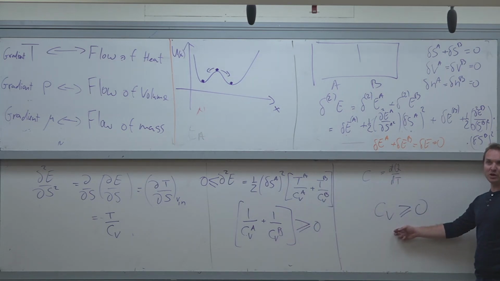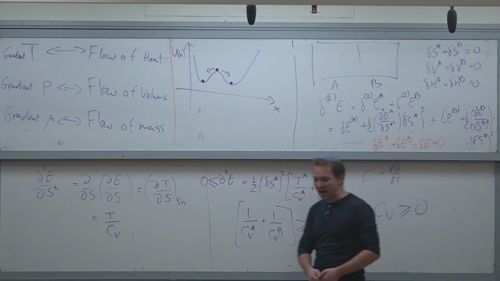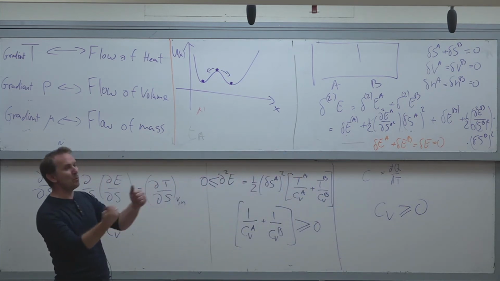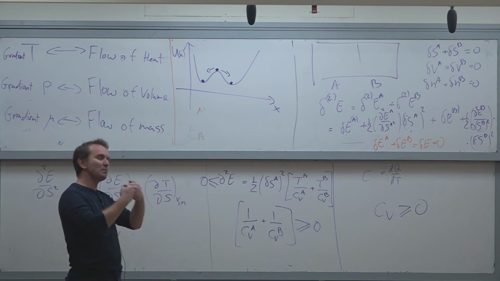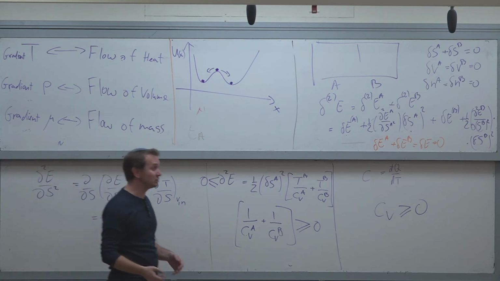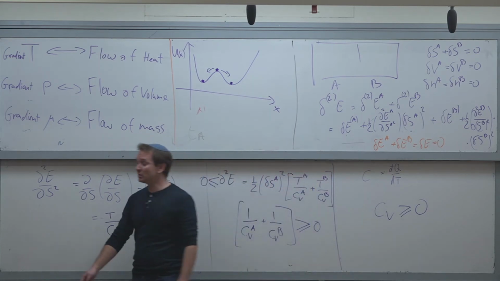If it was the other way around, as I add heat, I am cooling down the system. I'm enlarging the gradients, I'm adding more heat, I'm cooling more, etc. Okay? So this is not a stable physical situation. Then what we must have is that the heat capacity must be larger than 0.